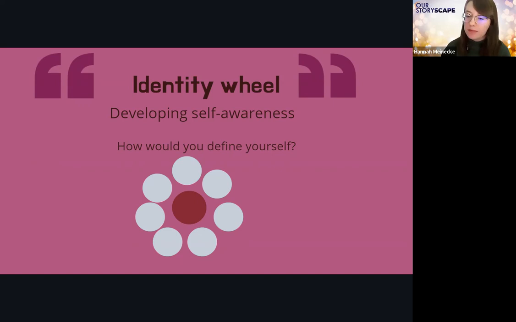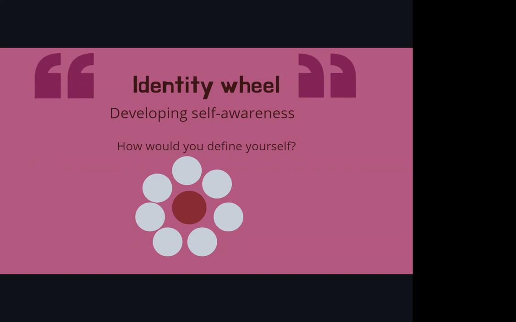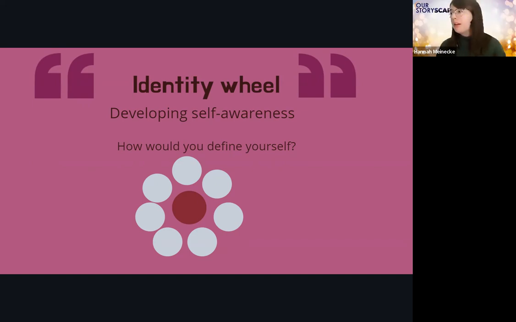And I'm sure in your case, Hannah, you probably also have many more things to share about your family history, about the place where you live, the school you attended. Yeah, my identity wheel has a lot of different things, not just the place that I'm in, but the things that I do that shape it.